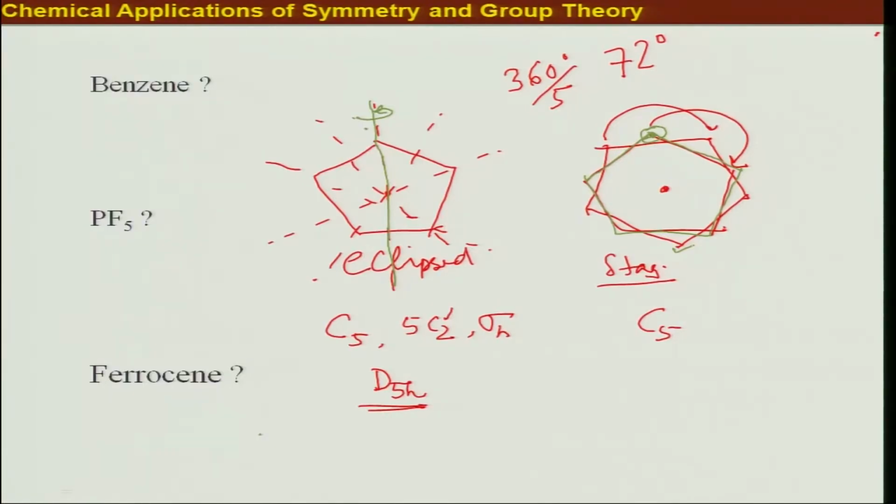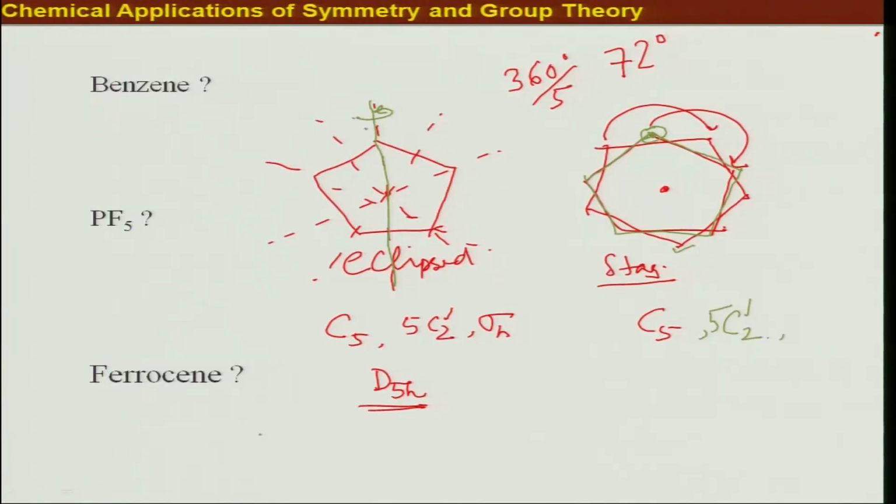Similarly, the red part, which was like a tip here, will go above here. So, ultimately I have a C2 which is perpendicular. Very easily I can find out the other 4 C2 primes. So, I have essentially 5 C2 primes.